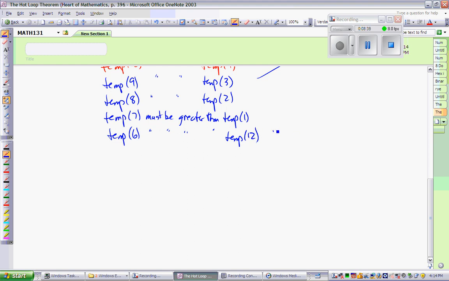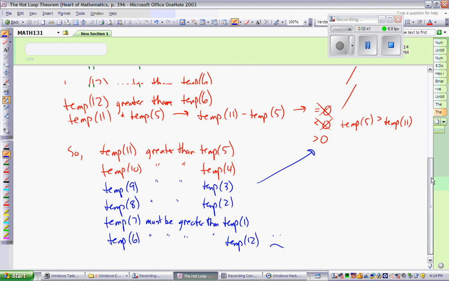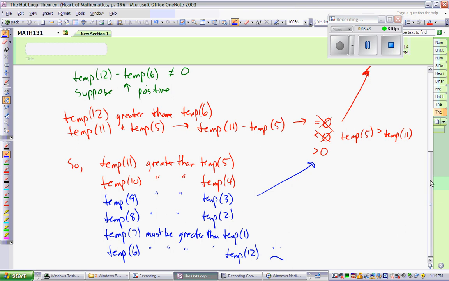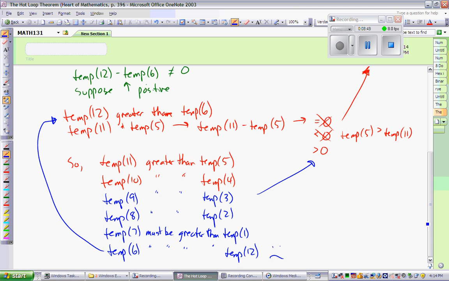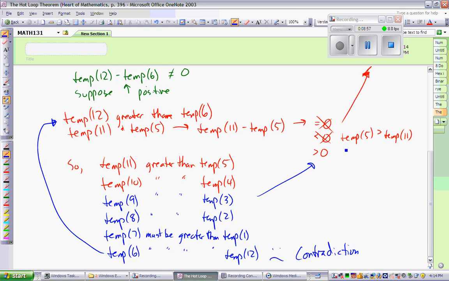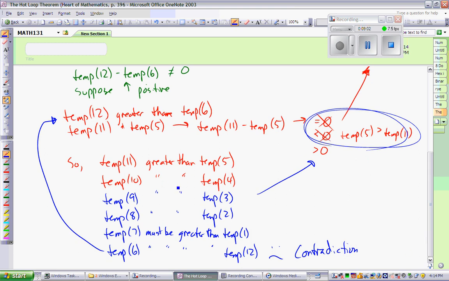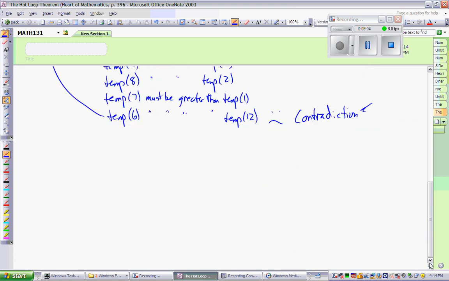That makes us sad. That is a contradiction, because if you look up here, our original supposition was that temp 12 is greater than temp 6. So this is our contradiction. You can see that you're either going to have a contradiction here, or you can get around that, but eventually you're going to get a contradiction here.